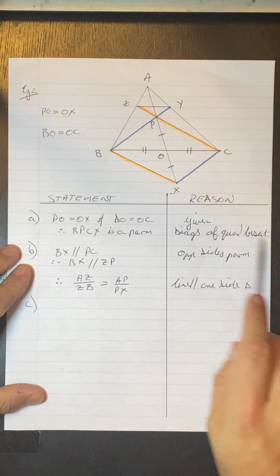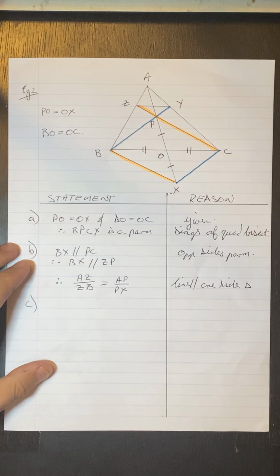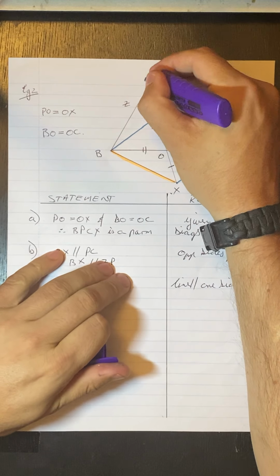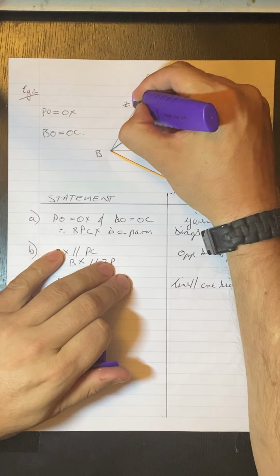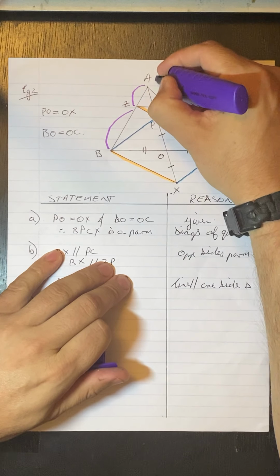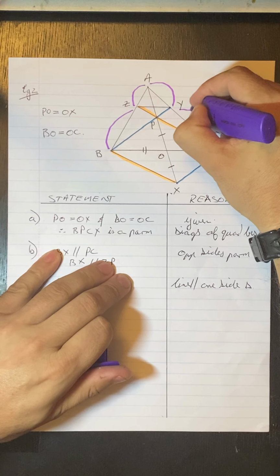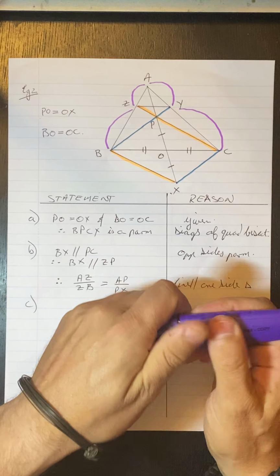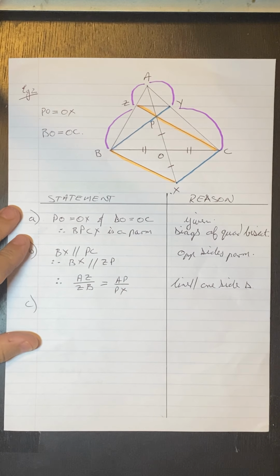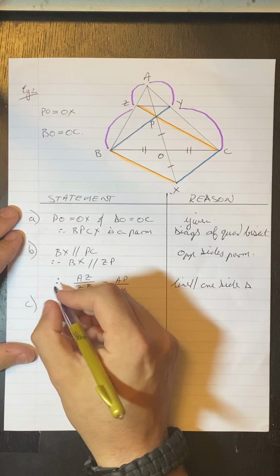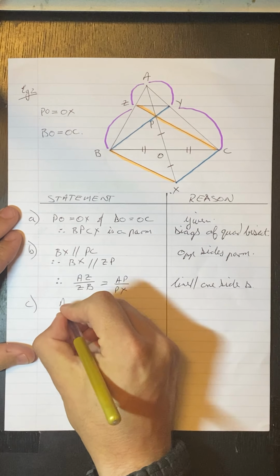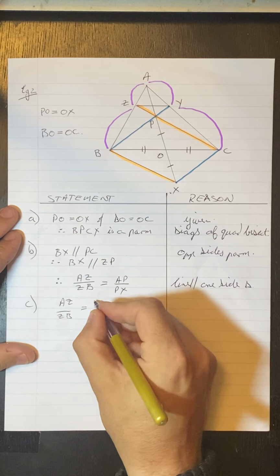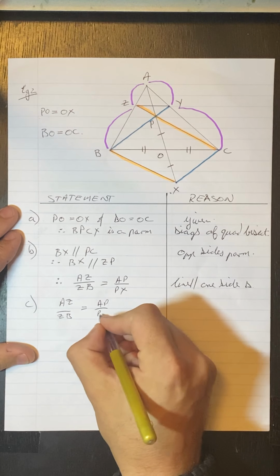Question C is asking us to prove that ZY is parallel to BC. So how can I do that? Well, if I can show that AZ to ZB is equal to AY to YC, then that must be parallel to that. So that's my aim. First of all, I'm going to say that AZ to ZB is equal to AP to PX.